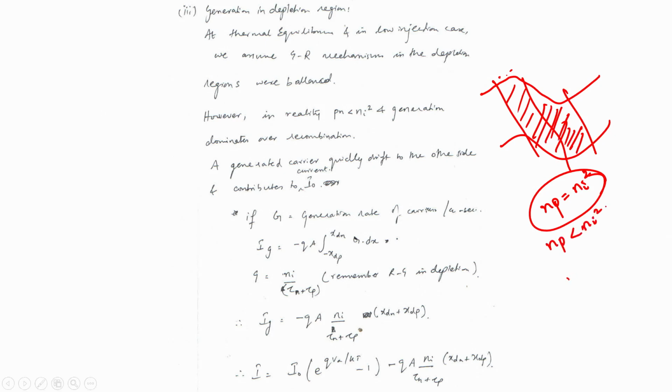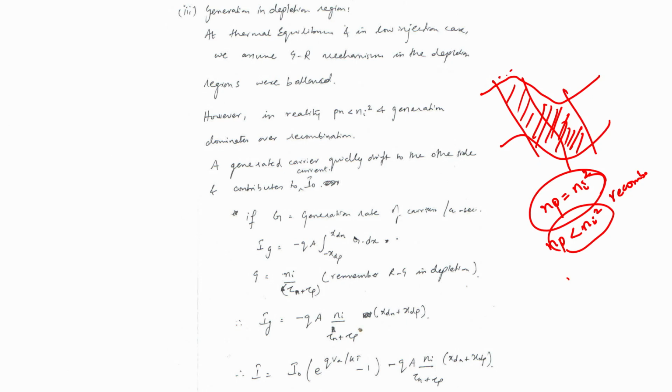Ni square, which means that if you go back to the recombination generation mechanisms we looked at, and look at the rate of recombination and generation, this implies that it is going to prefer generating carriers as compared to recombining carriers.